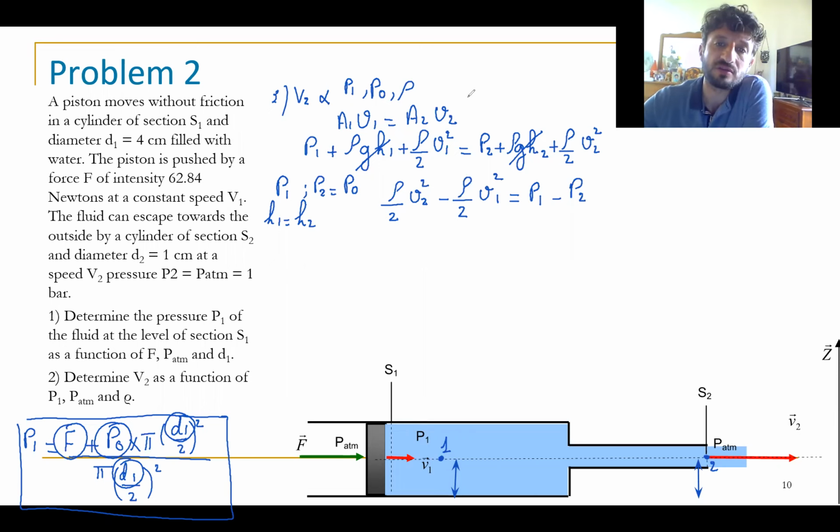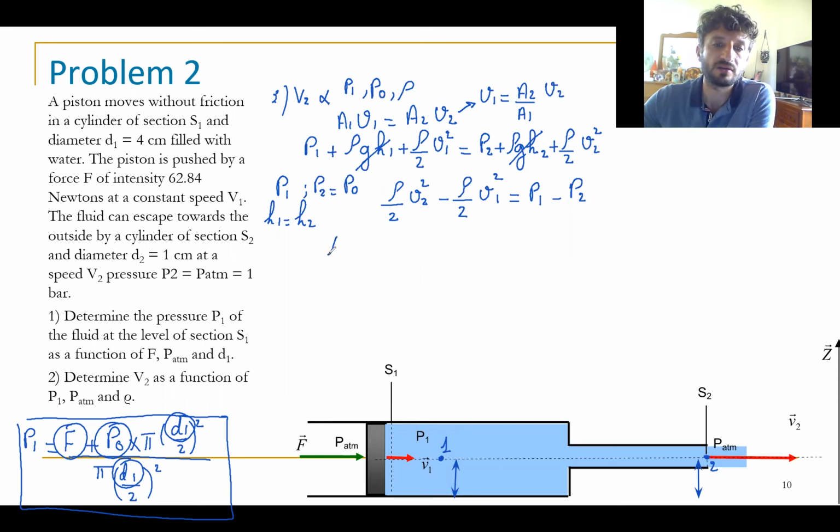We can use the continuity equation, where V1 equals A2 divided by A1 times V2.